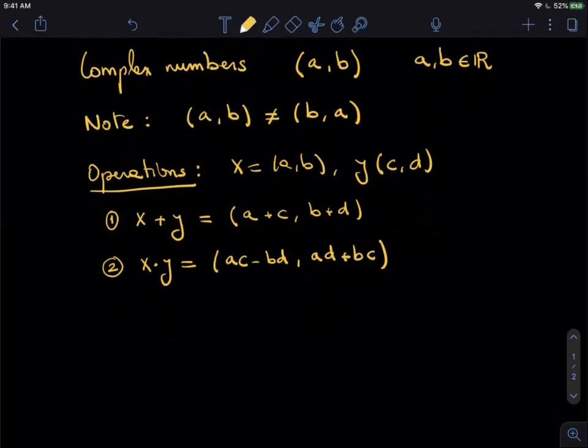Now, when we have the two operations defined like this, then the set of all complex numbers with these two operations, the sum and the product, is a field.